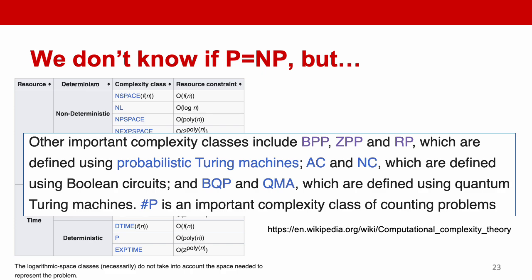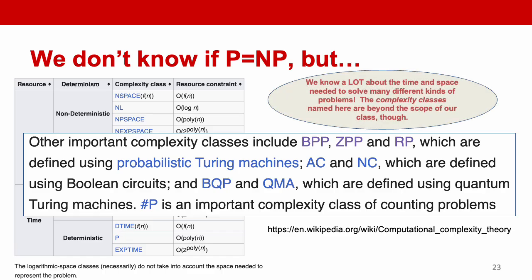You might also be interested in counting problems. So we use this sharp P symbol, which you might read as a hashtag, but it's sharp P to indicate being able to count solutions. You don't need to memorize all these, but I want you to be aware that there is a whole zoo of complexity classes out there.